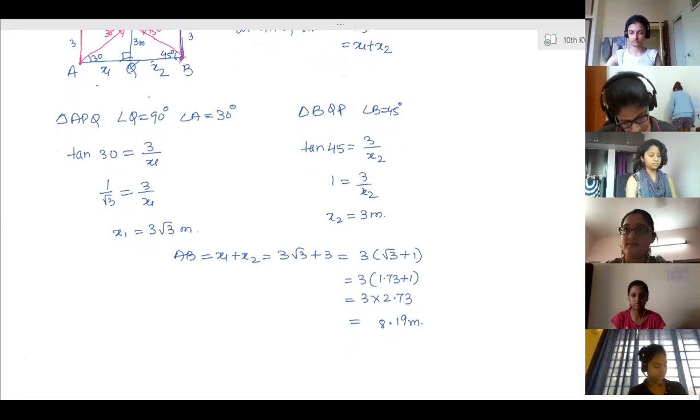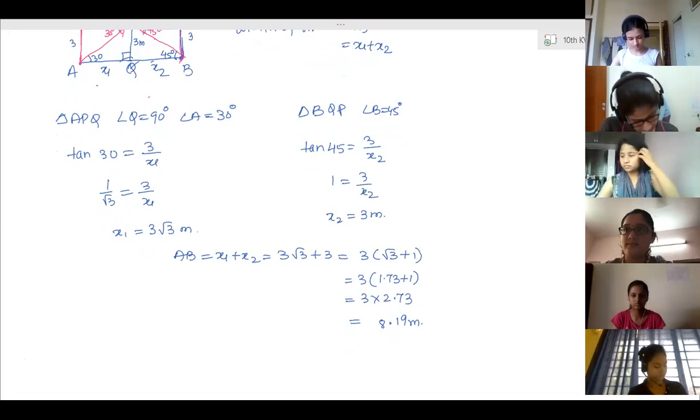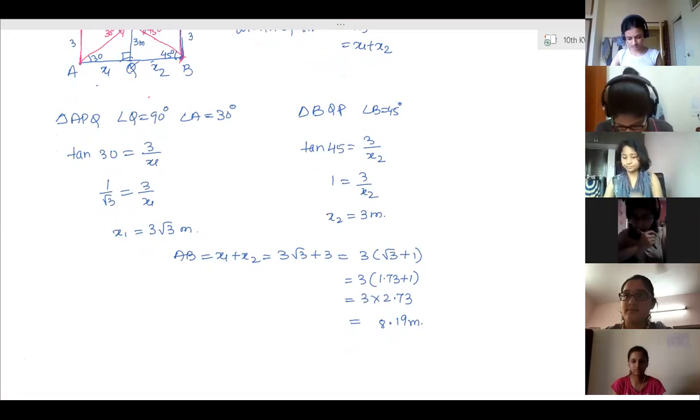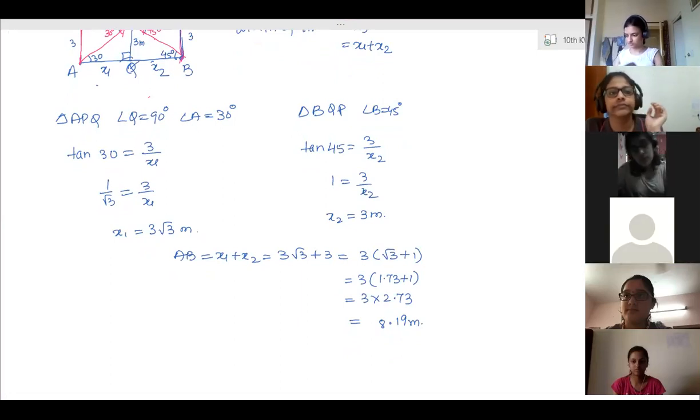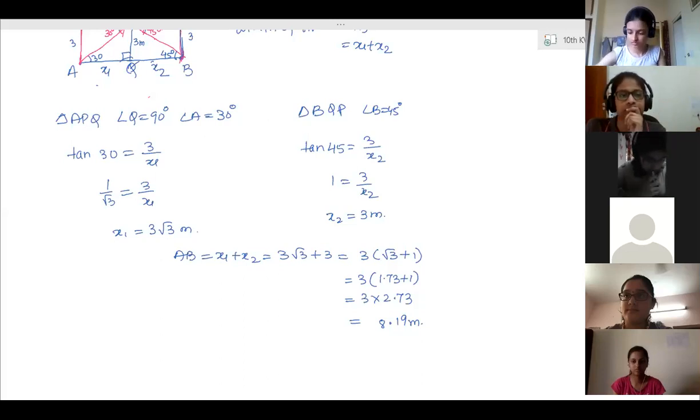Exercise 9.1. Ma'am, NCERT? Yeah, NCERT, page number 203. Page number 203, exercise 9.1, first question. Start solving.